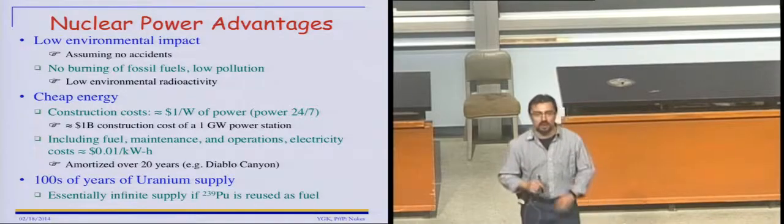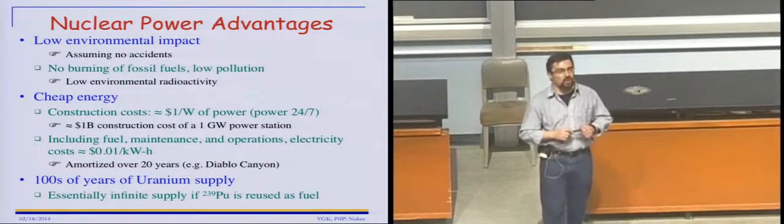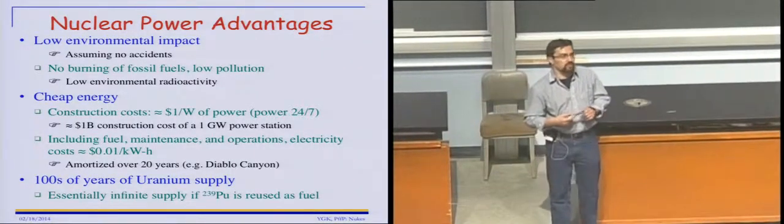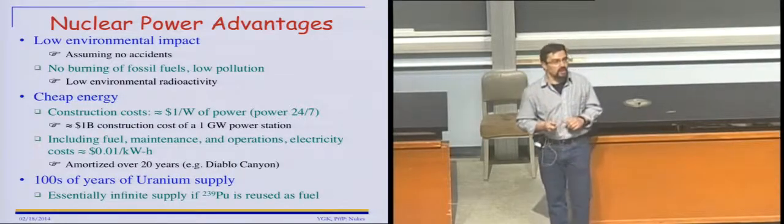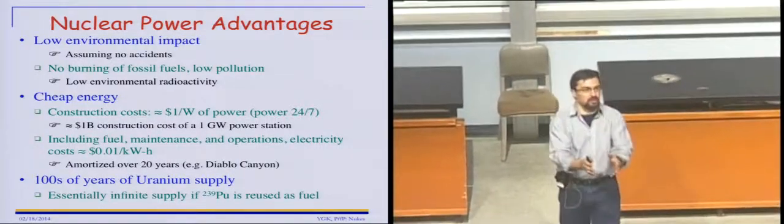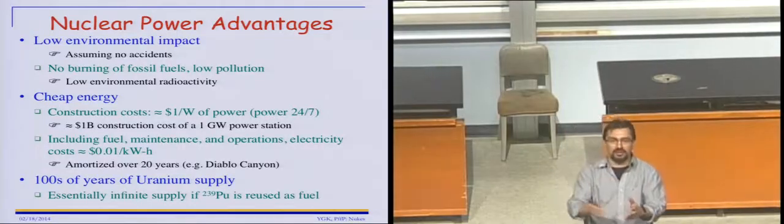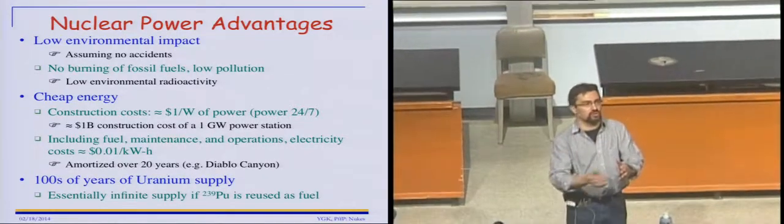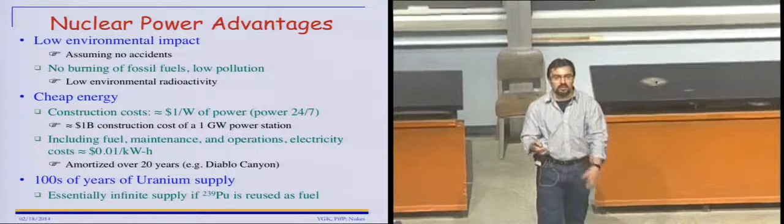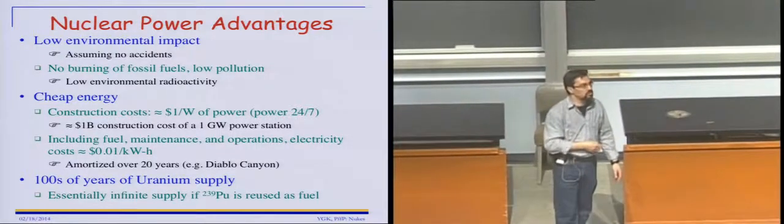A typical nuclear power plant has a core that can produce of the order of a gigawatt of electrical power per reactor core, and at the efficiency of 30% or so it typically operates at a thermal power of 2 or 3 gigawatts.